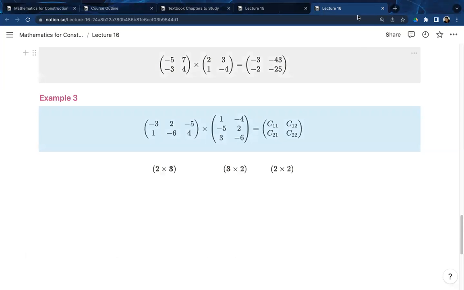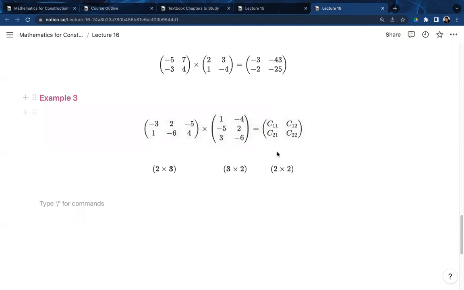How do you know what to multiply to get each of these elements? If you look at C subscript 1,1, the first element, top left, that's located in the first row, first column. So I need to take the first row of this matrix and multiply it by the first column of this matrix.